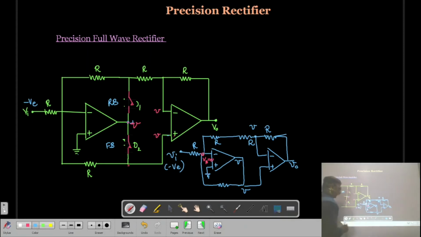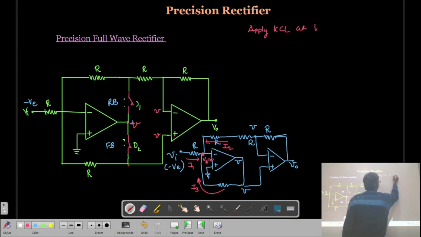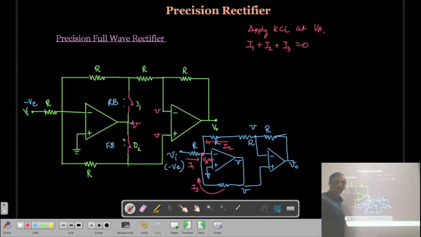Now, to calculate this, let us say this current I1 is there, through this the current I2 is present, and through this the current I3 is there. Three different currents are meeting at a point A, and if we apply the KCL at VA, then we have I1 plus I2 plus I3, and that is equal to 0.